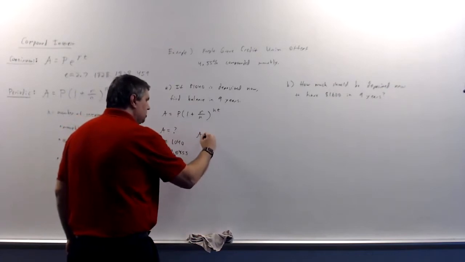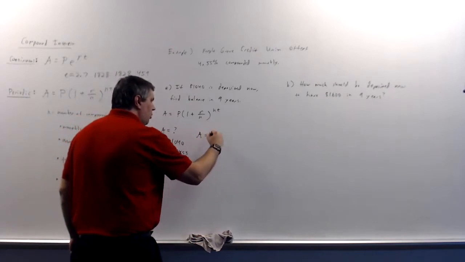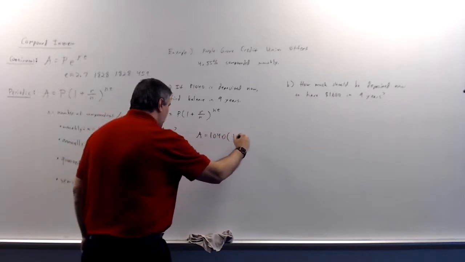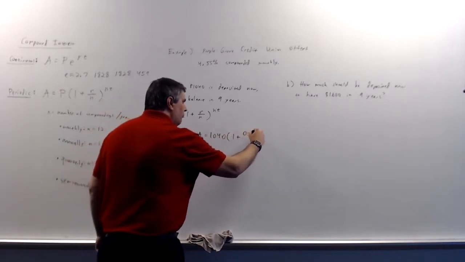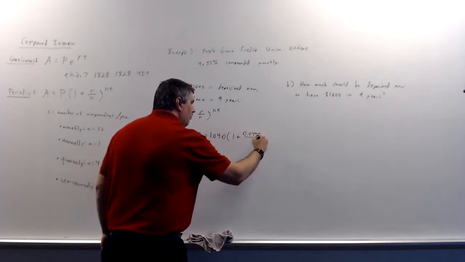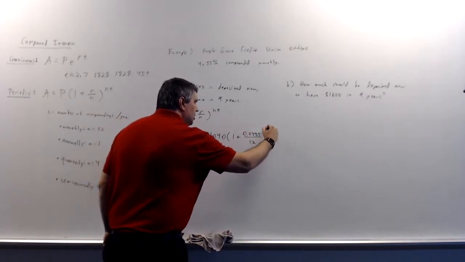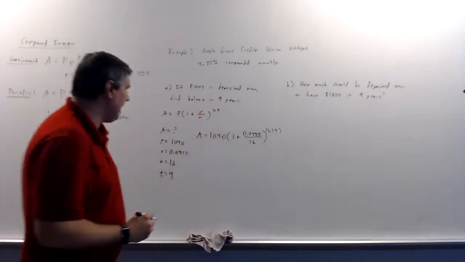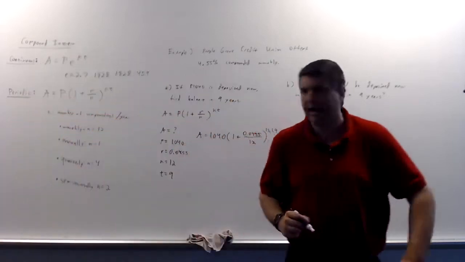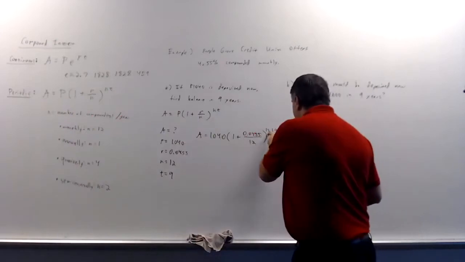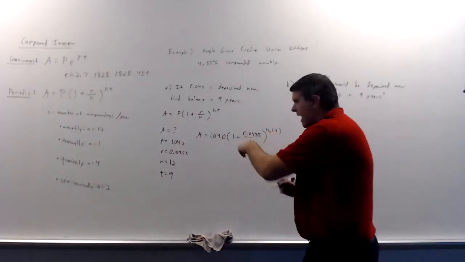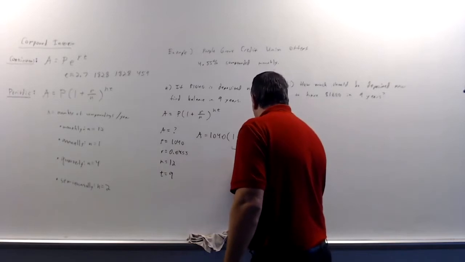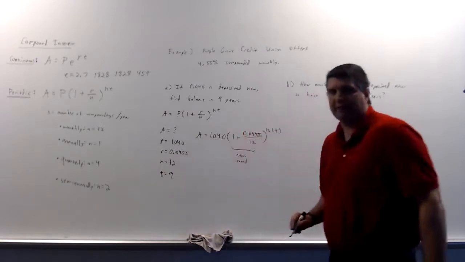So A equals 1,040 times 1 plus 0.0455 over 12, to the 12 times 9 power. I strongly recommend you clean this up and never round. Never round that.